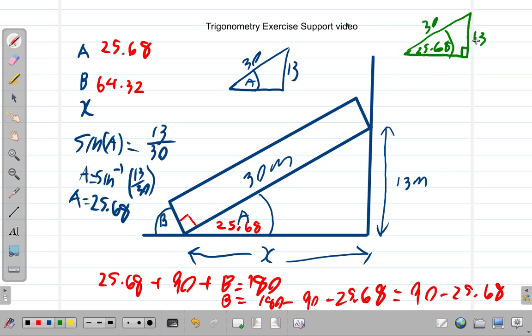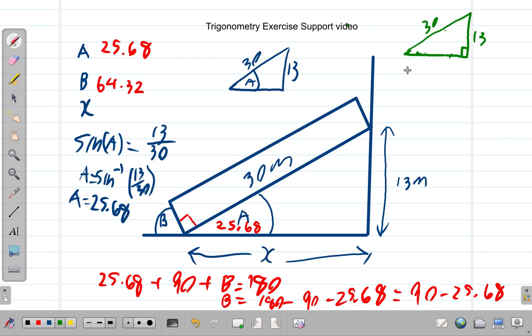What you can do is just use Pythagoras. You don't need the angle here. You were already given the hypotenuse of that triangle. It is 30, the object that leans against the wall, and the 13, which is the height here. So what does Pythagoras theorem say?